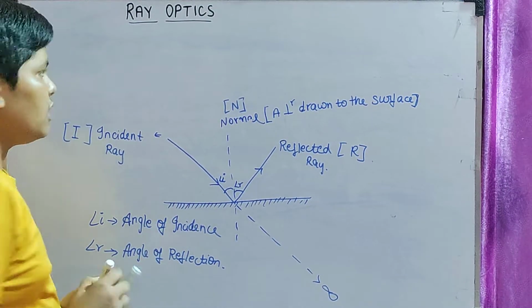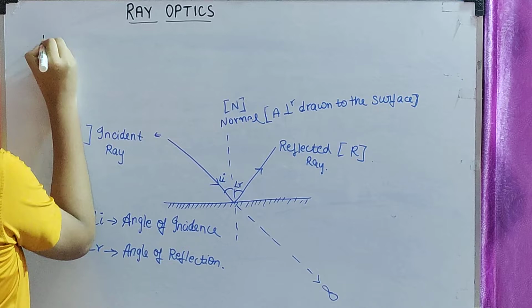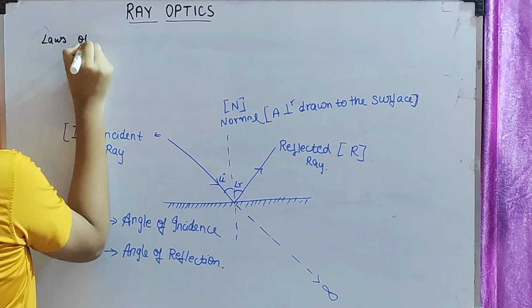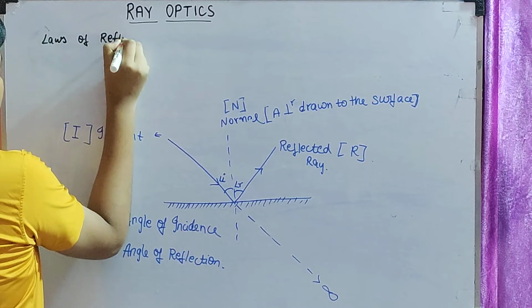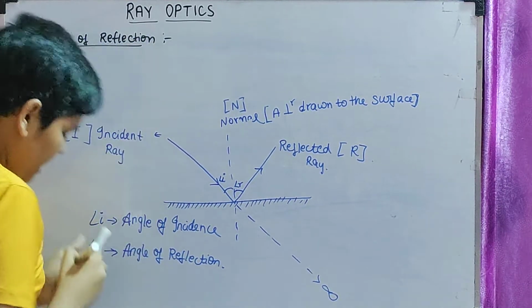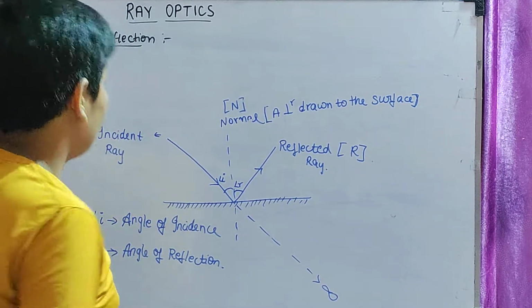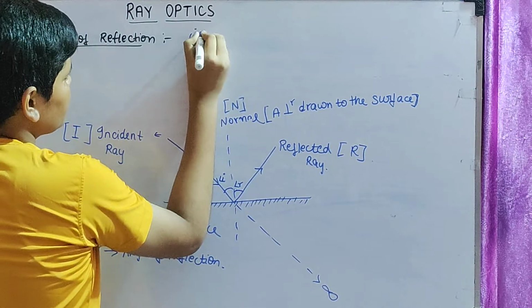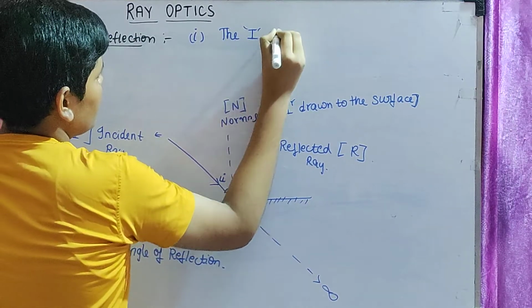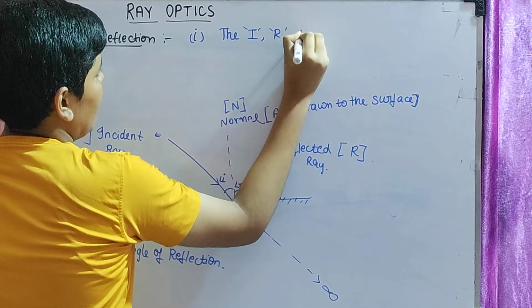There are two laws of reflection. We have to remember them. What are the laws of reflection? There are mostly two, majorly two laws of reflection. The first law: the incident ray, reflected ray and normal lie on the same plane.